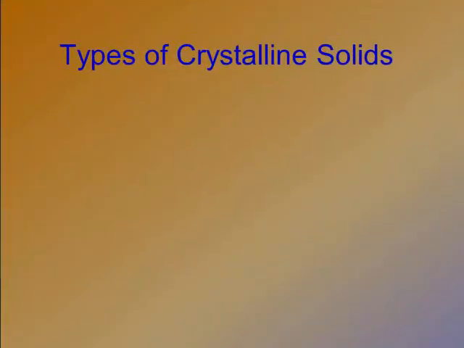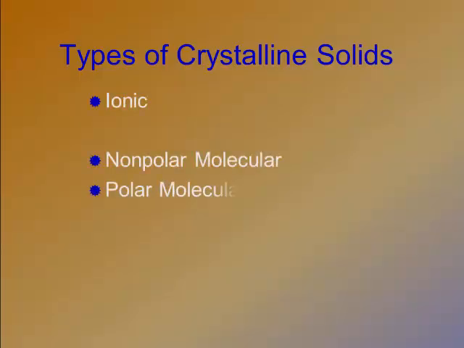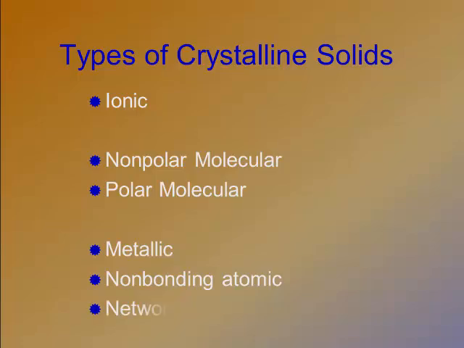For now, it's time to review. What are the 6 types of crystalline solids you just learned about? Ionic, nonpolar and polar molecular, metallic, non-bonding atomic, and network covalent. Those last 3 are all considered types of atomic solids.